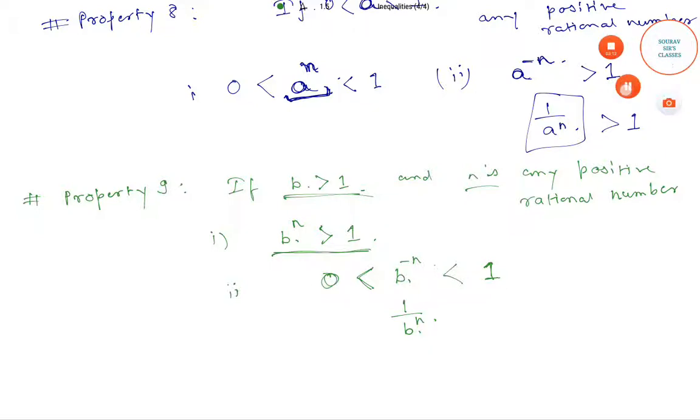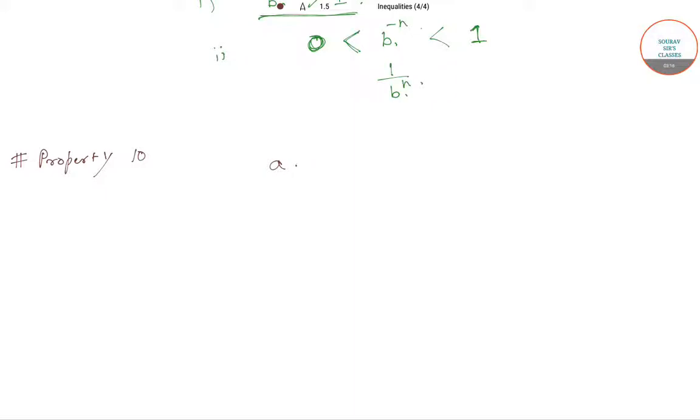Now suppose we have a which lies in the interval 0 to 1, and m and n are two positive rational numbers.